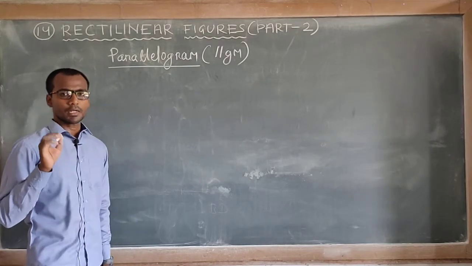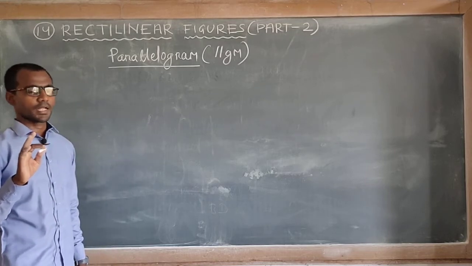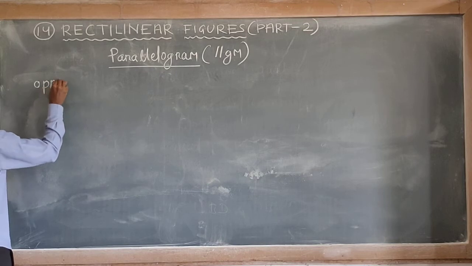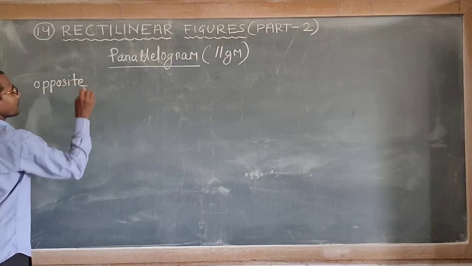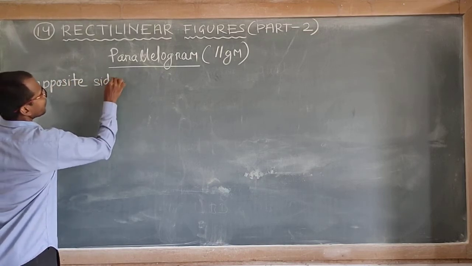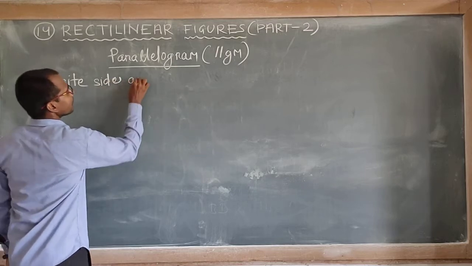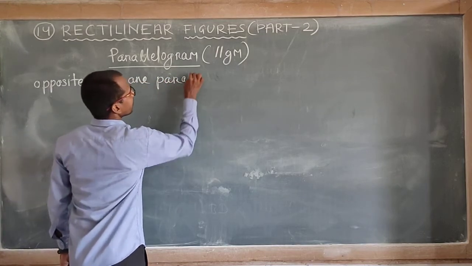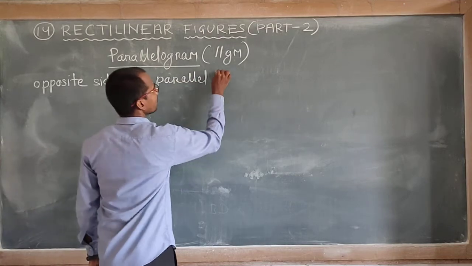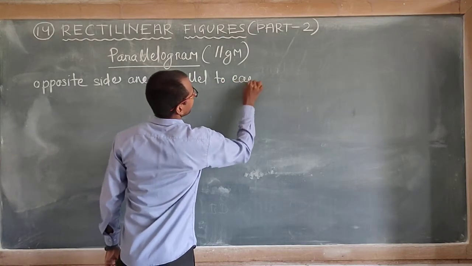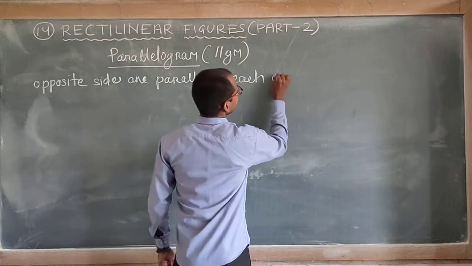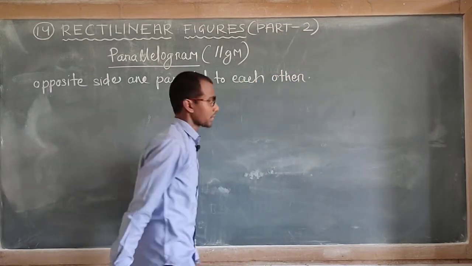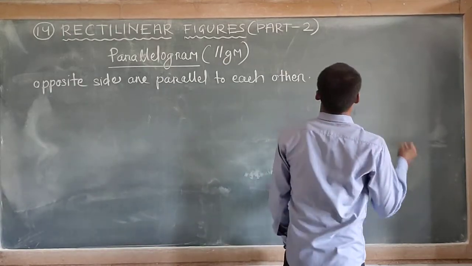It is a quadrilateral in which opposite sides are parallel to each other. So let us draw a parallelogram.